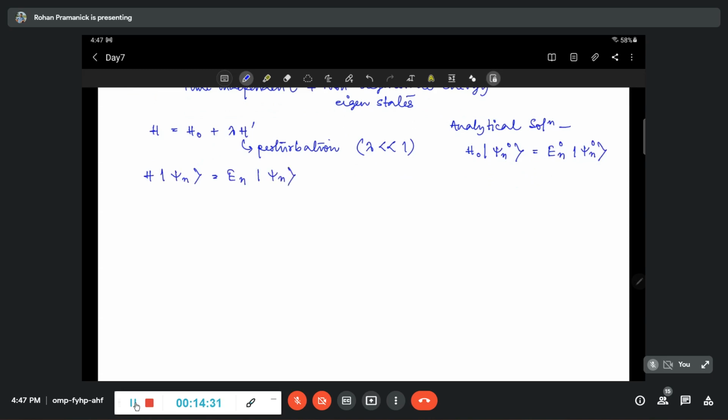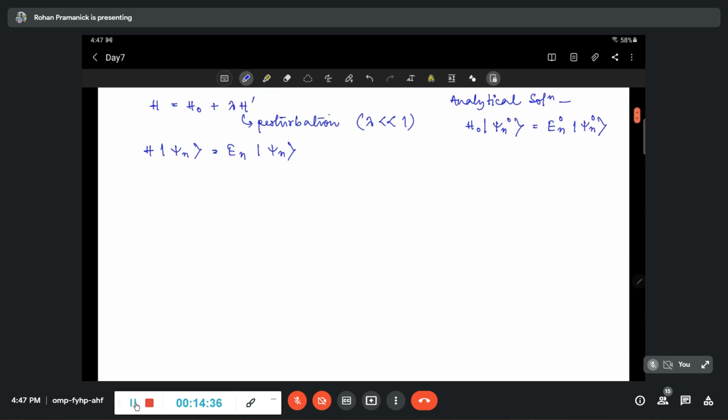These do not have superscripts, which means that they are the actual solution of the system, including the perturbation. So what we did was we expanded En in terms of the known things. So this is En0 plus lambda times the first order correction. I will forget some of these brackets in the superscript, but I hope you can understand.